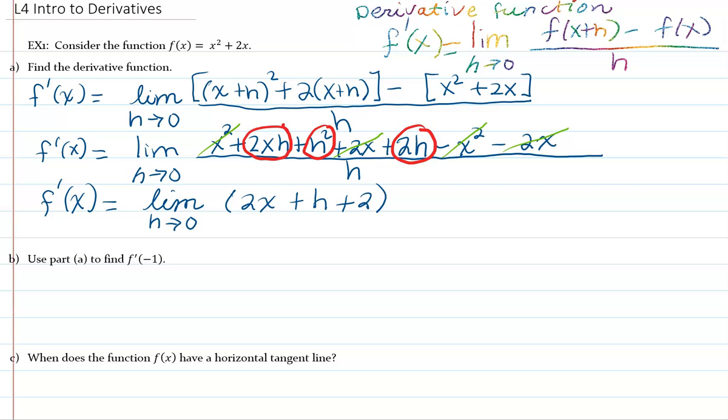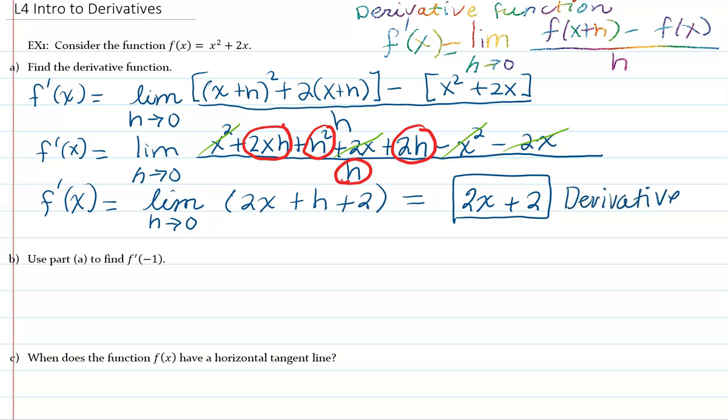Okay, because we divided everything by h. So when h is approaching 0, this is going to be approaching 2x plus 2. And this right here is our derivative function. And we call that f prime of x, meaning the derivative at any given moment x.